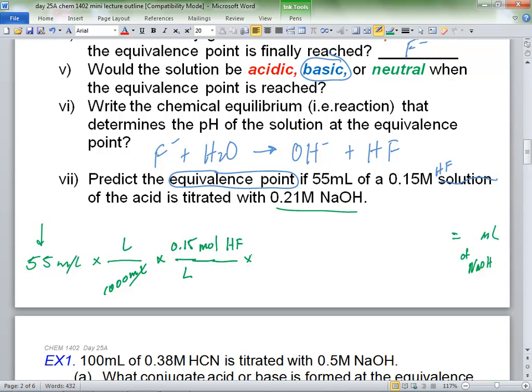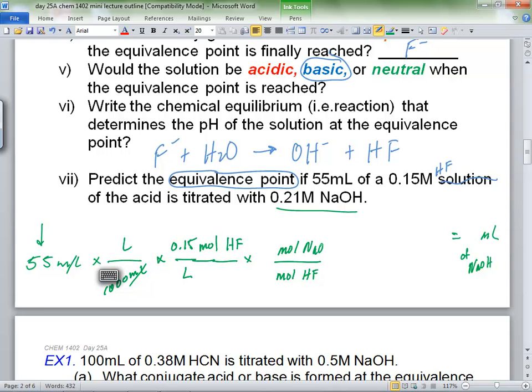But now we're missing something. We called it a what bridge? Mole bridge. We need to know, because moles of HF has to be on the bottom. Moles of what has to be up on top? NaOH.